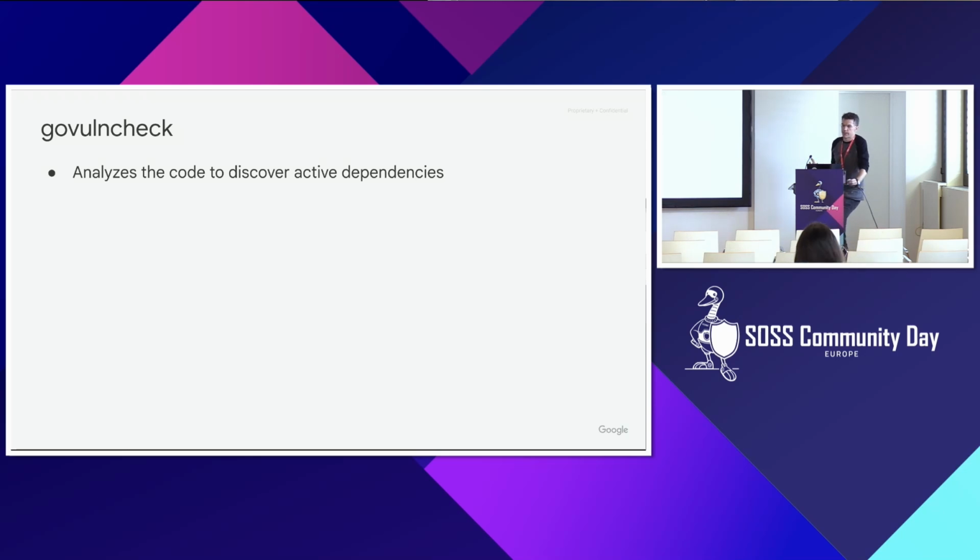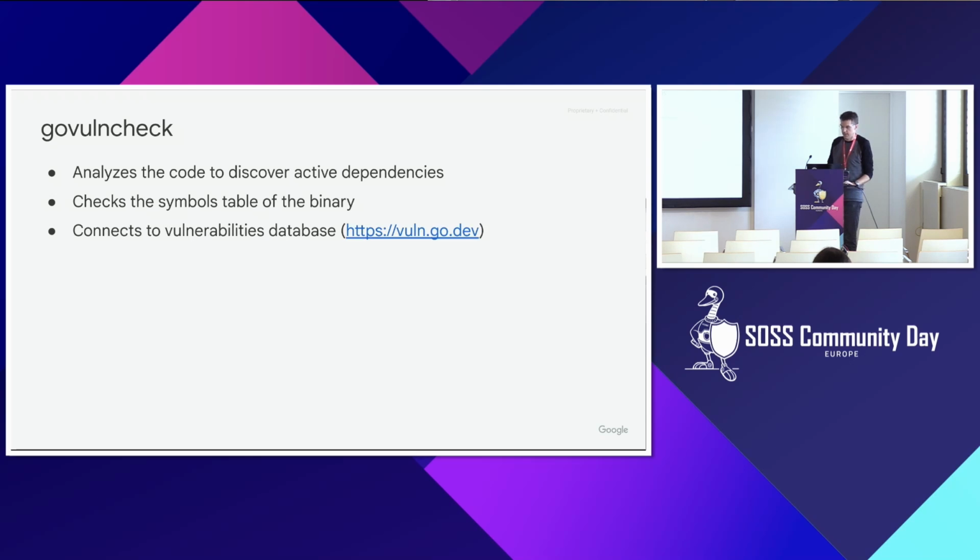This tool is able to scan the code, using static code analysis techniques to identify which are the active dependencies used inside of the code. It doesn't just look at the dependency configuration file. It really looks at the symbol table of the binary, and then it does a check inside of the code to see that these dependencies are actively used.